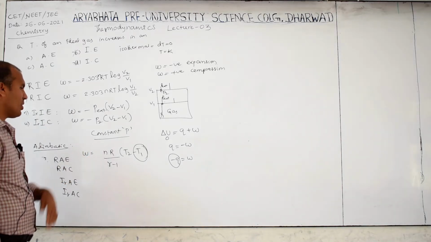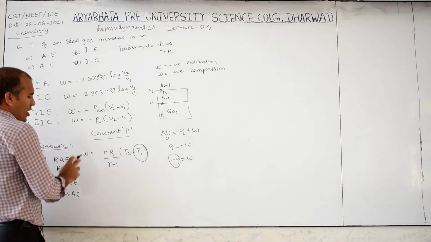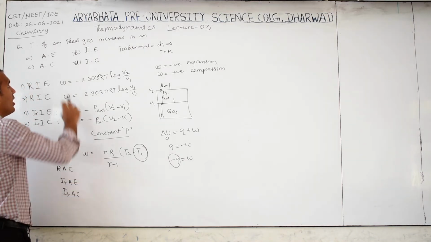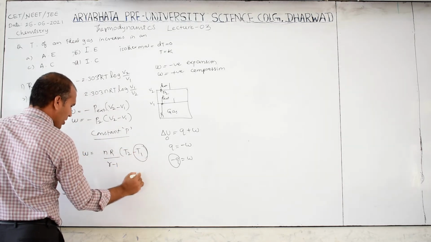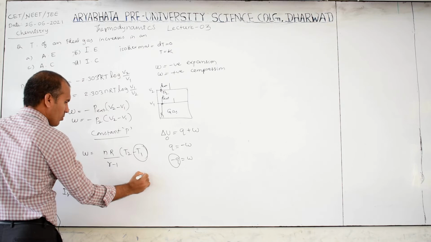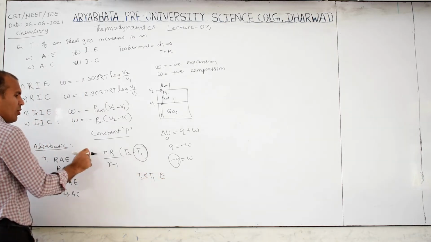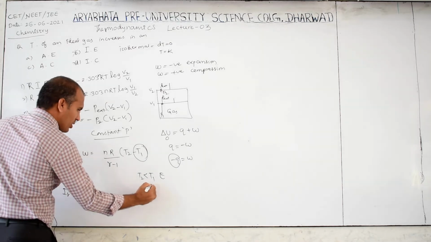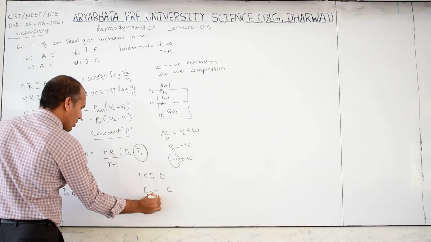So with respect to this we can answer. We have to get W. Expansion means negative. When you get negative W, T1 should be greater, for expansion, then only we will get negative. And if this is compression, then T2 is greater than T1.